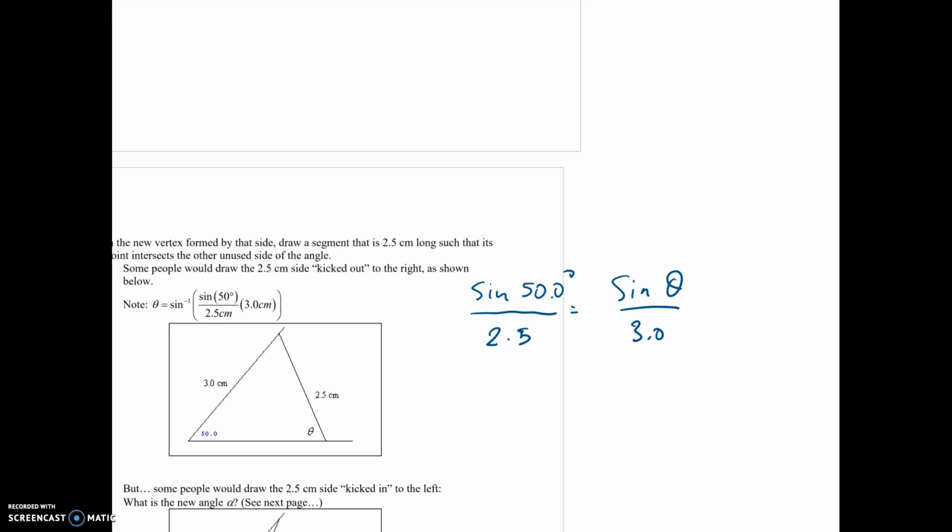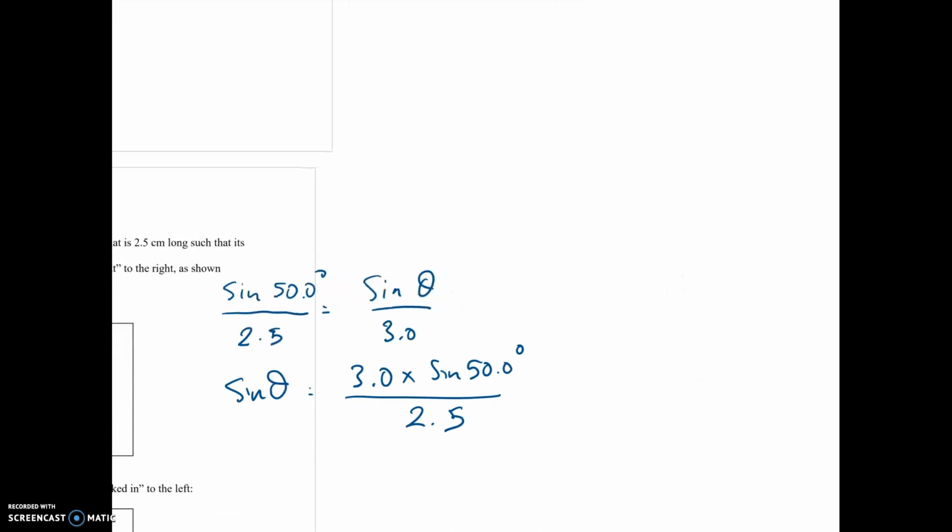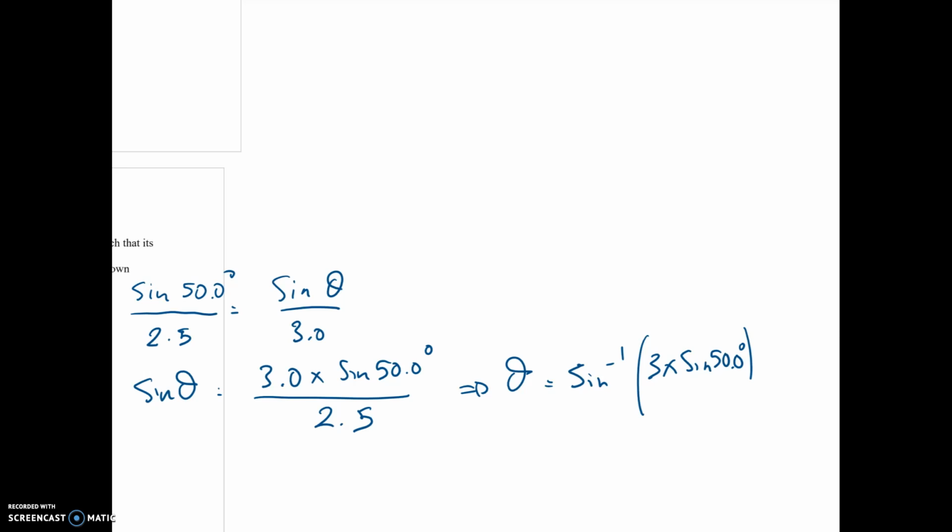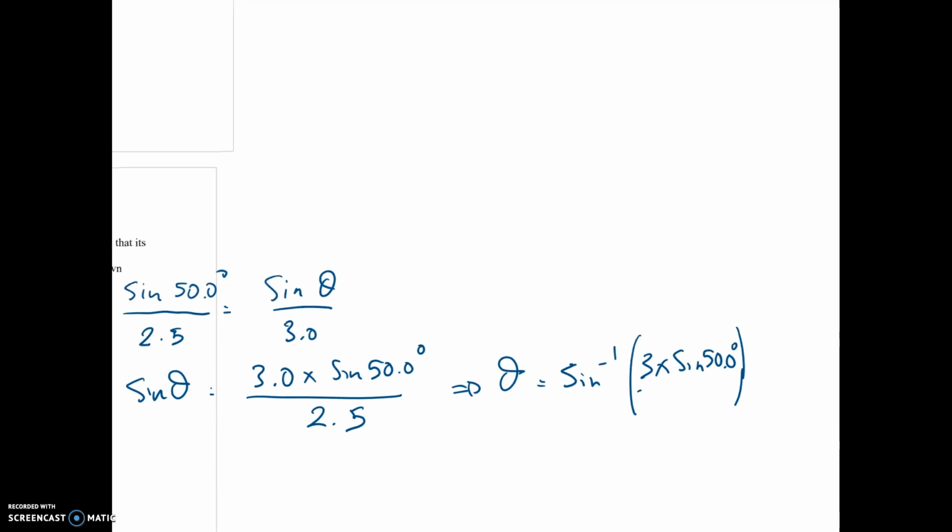This is why sine of the angle theta equals 3.0 multiplied by the sine of 50.0 degrees divided by 2.5, and therefore theta equals sine inverse of 3 multiplied by the sine of 50.0 degrees divided by 2.5.